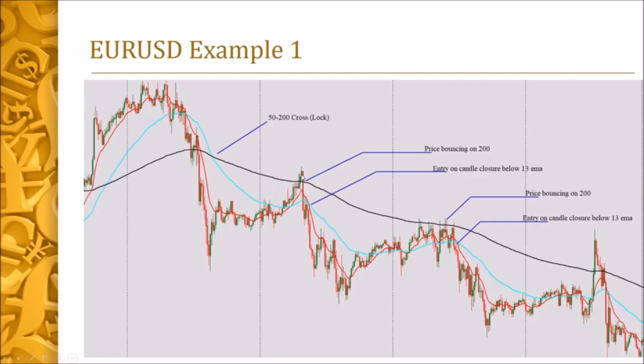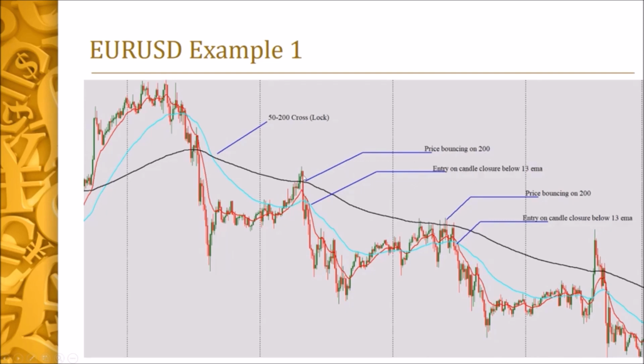And as I said earlier, the market makers reintroduce funds at the 200 EMA 85 to 90% of the time. This is where they re-entered more positions, and some were scaling in and some were being introduced in the move. So after price has pulled back to the 200 EMA, we wait for a candle closure below the 13 EMA.